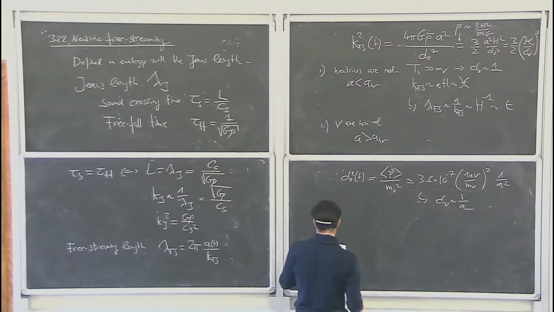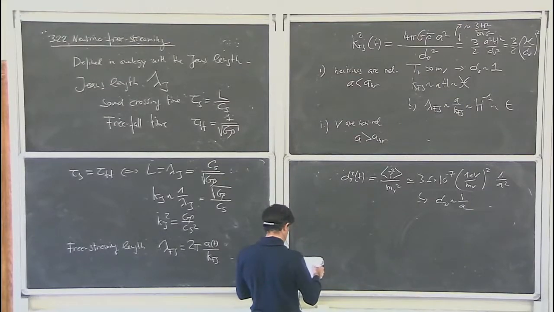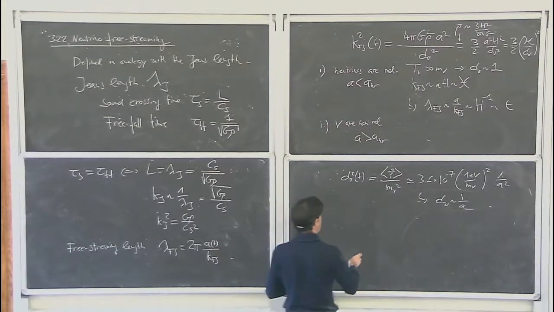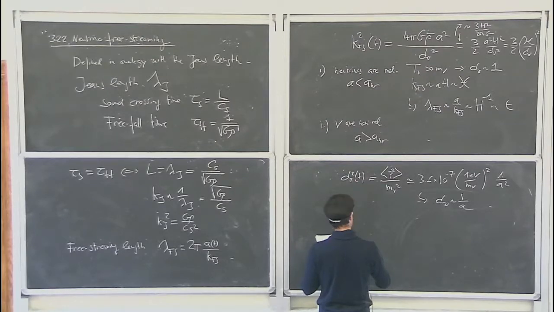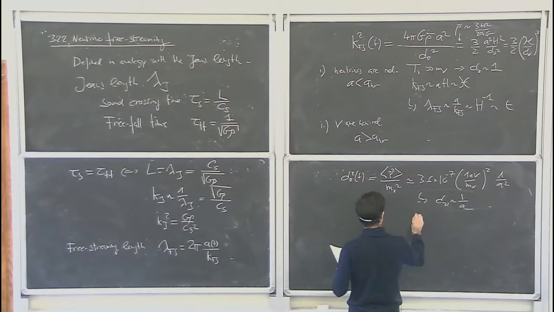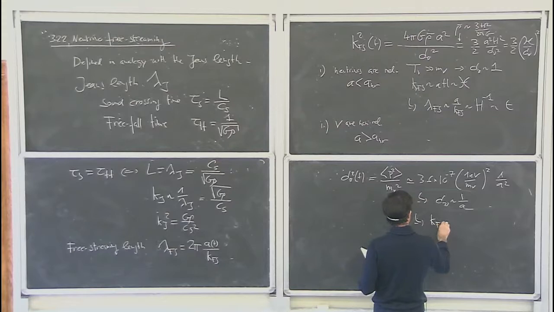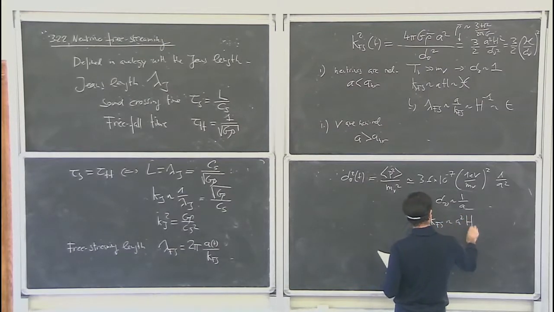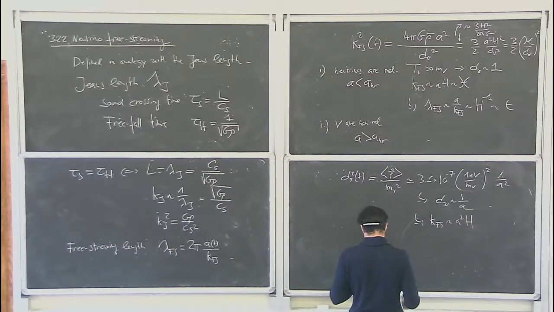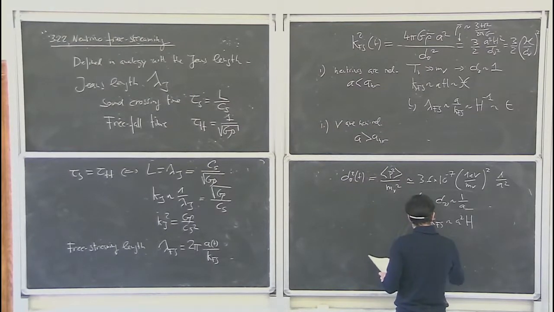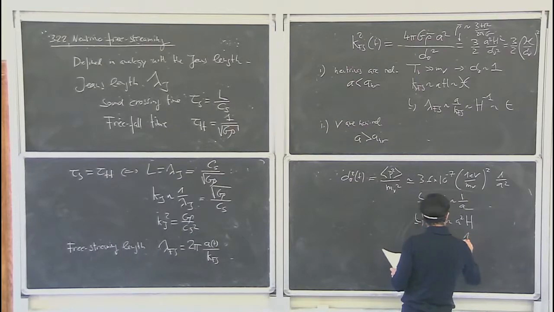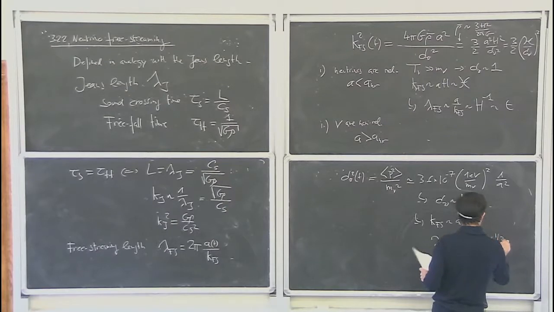Okay, so in this case, what do we get? How does k_FS scale? So k_FS now will go, so there is a 1 over a coming from sigma v, so k_FS goes like a squared H, which implies that lambda_FS goes like 1 over aH, and this is t to the 1/3.